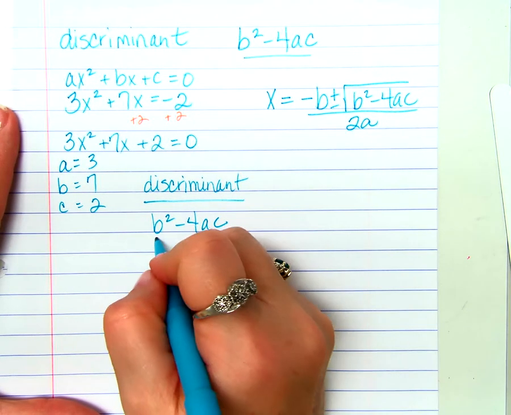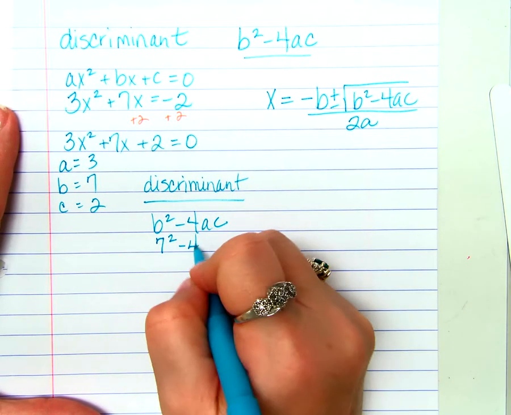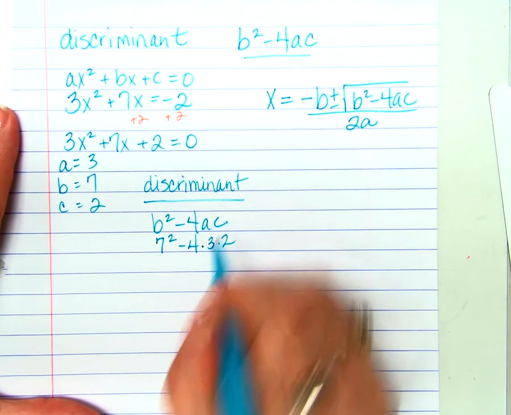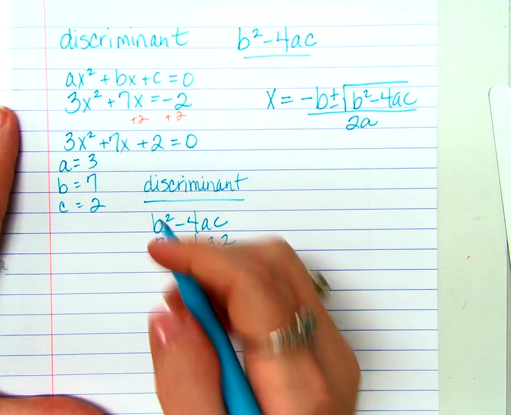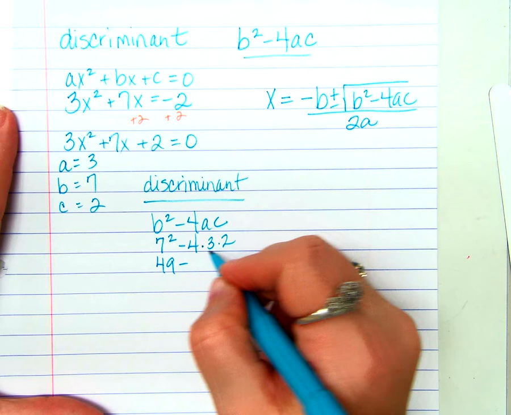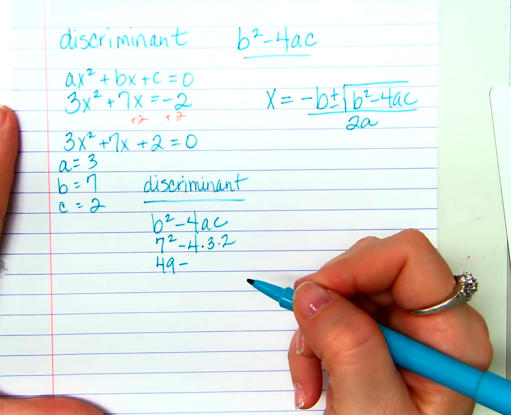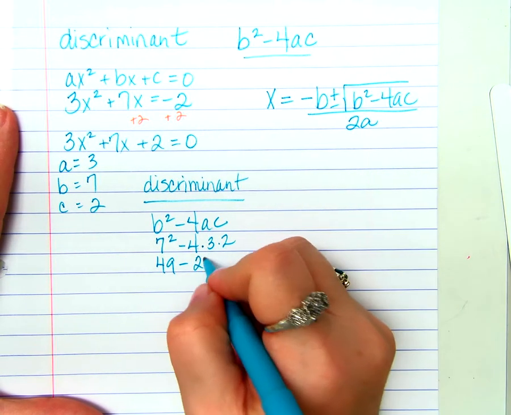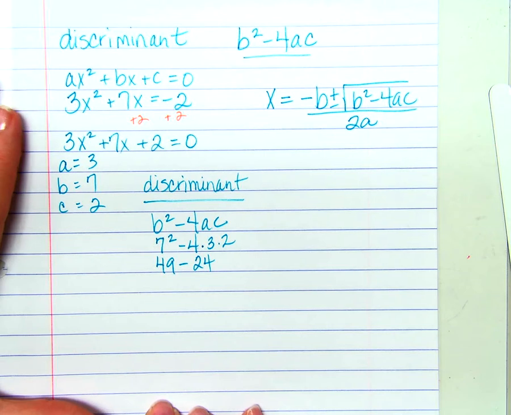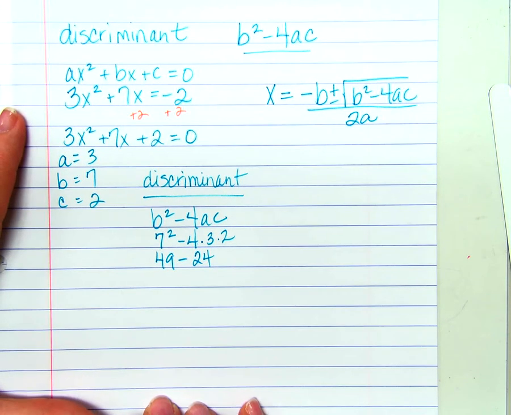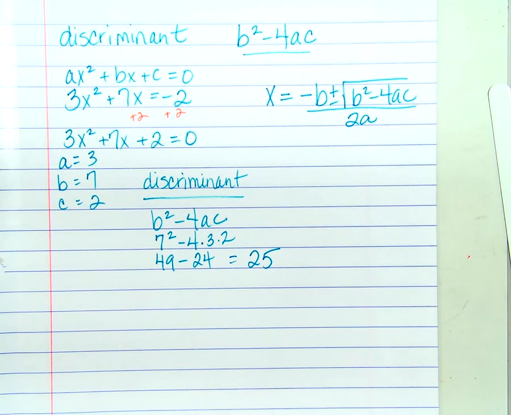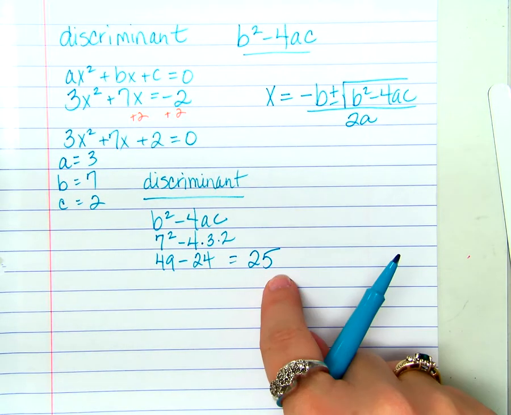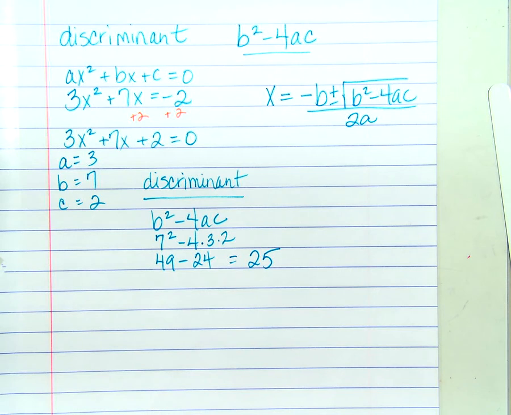B squared is 7 squared minus 4 times 3 times 2. Anybody know what 7 squared is? 49. What is 4 times 3 times 2? 24. Excellent. What is 49 minus 24? 25. So I found my discriminant. Describe my discriminant.